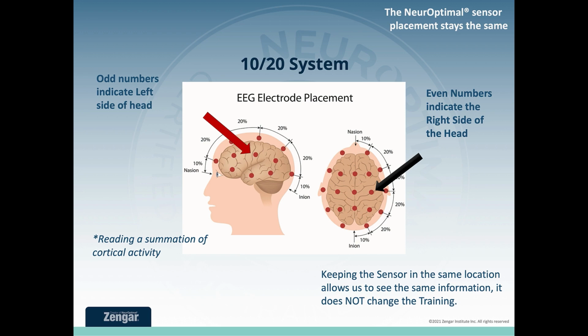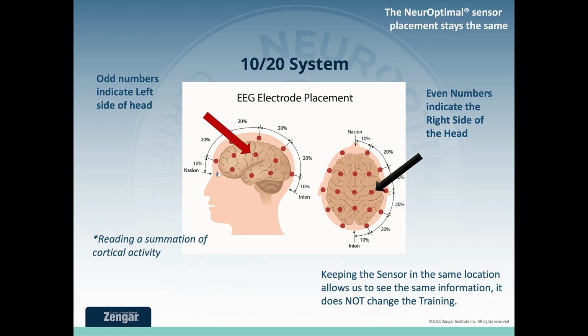Okay, so the fact that we're only at C3 and C4 doesn't mean we're not collecting and monitoring the occipital lobe, the temporal lobe. We are getting all of it. Okay, and that really is with every spot that you see here. Anywhere on the skull is going to monitor all of the cortical activity.